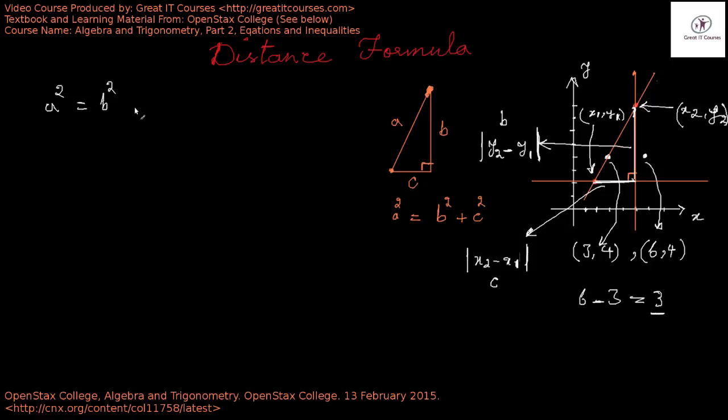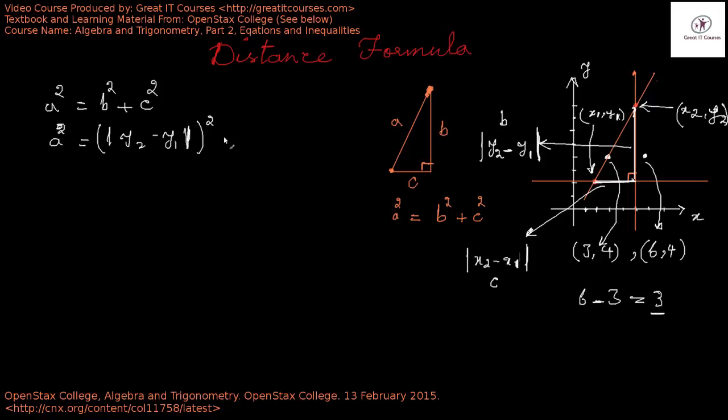You know that already. Now I can substitute this value for b and this value for c. So then a squared would be b squared, so the absolute value of y2 minus y1 whole squared.